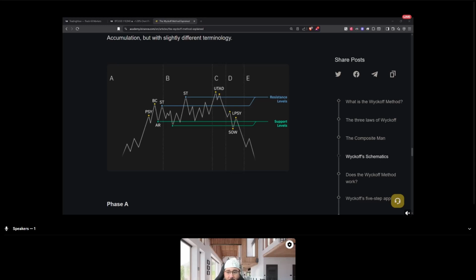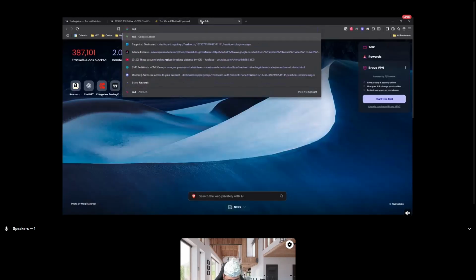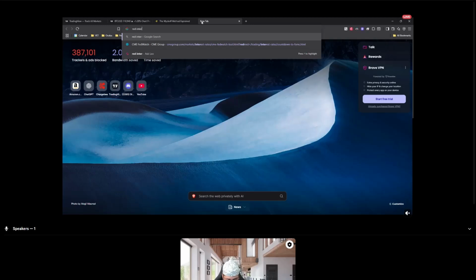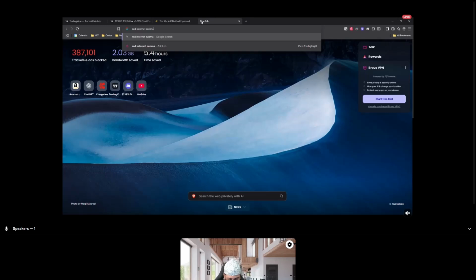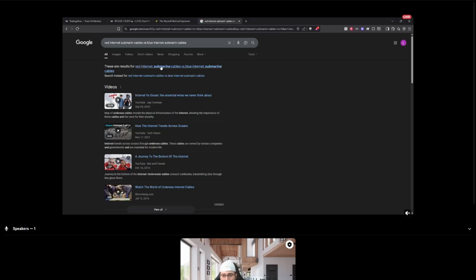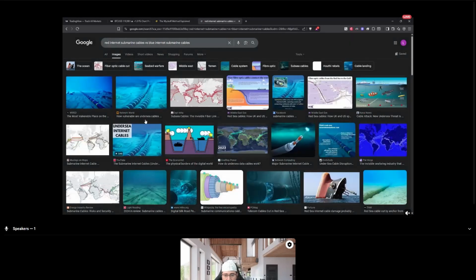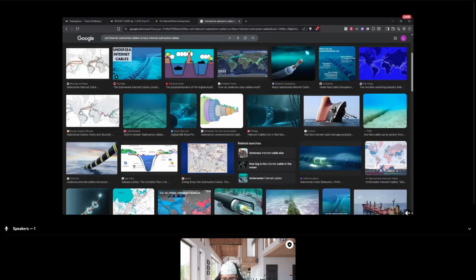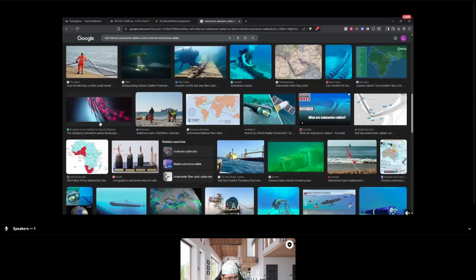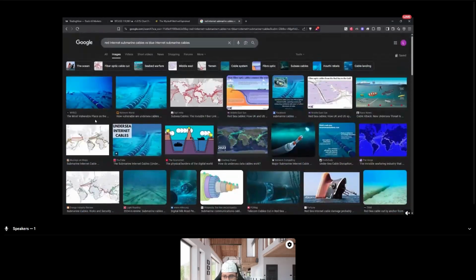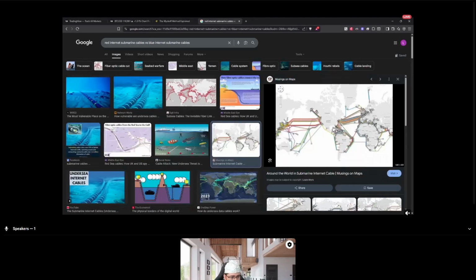The internet needs nodes bridging from one to another because there are actually two sets of cables. Let me see if I can show you that, because it's important. Red internet submarine cables versus blue internet submarine cables. Let's see images. I think this is the one we can start looking into. There was a cleaner chart where we can see how that internet shifts from one side to another.